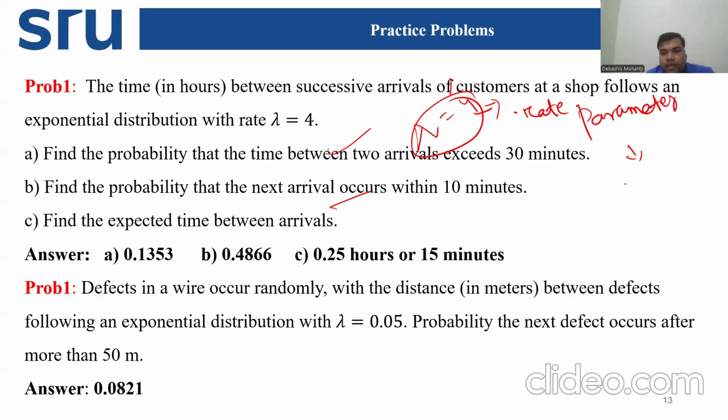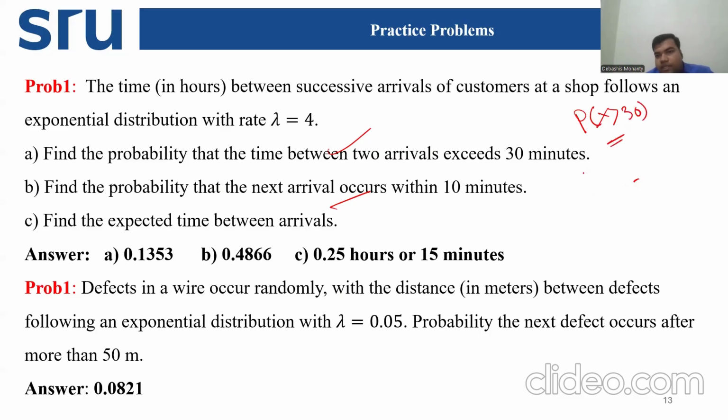Find the probability that the time between two arrivals exceeds 30 minutes. So exceeds 30 minutes, x greater than 30, we need to calculate.